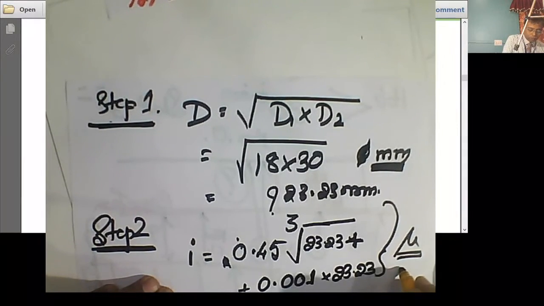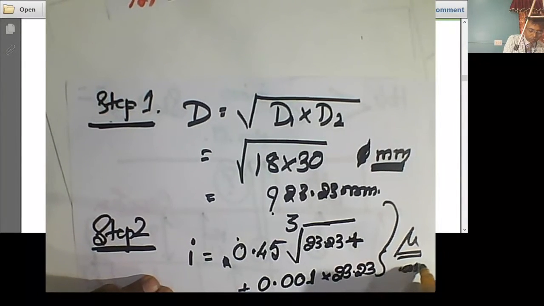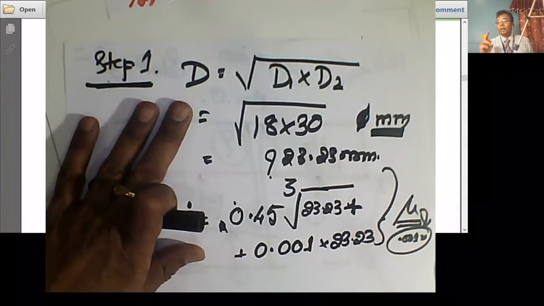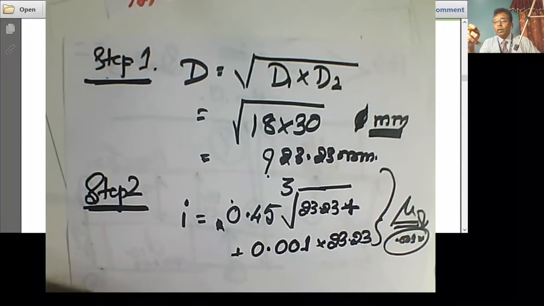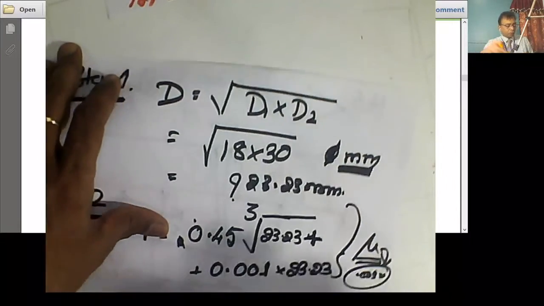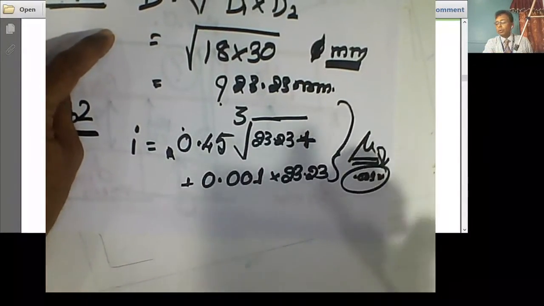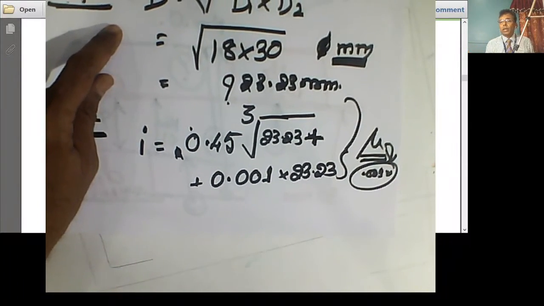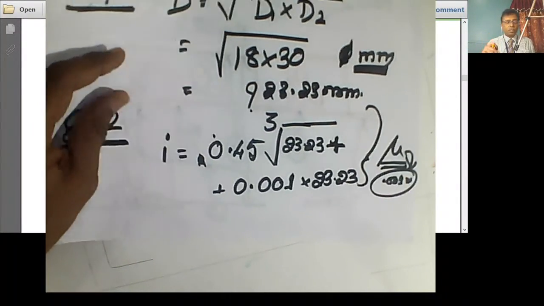Very, very important. 1 micron is 0.001 mm. Did you understand this? Find out this value meanwhile: 0.45 cube root of 23.23 plus 0.001 into 23.23. Whatever the value is, you write it. I don't have time to discuss this now. I will have to do this using a mobile calculator. Nevertheless, you can do that. Ping me the message and I'll tell you.